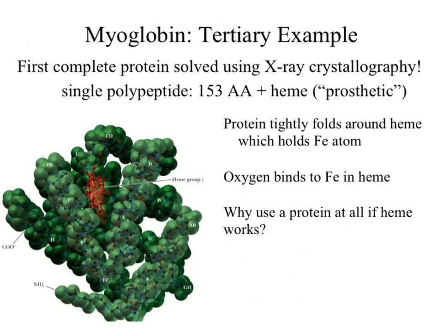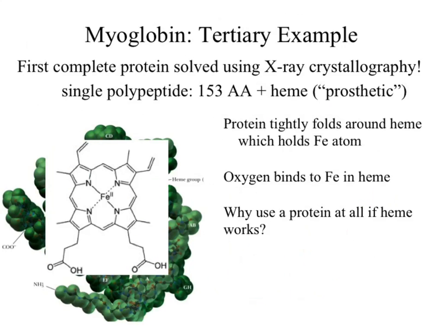Hold oxygen. Okay? So the idea is that if we take a look at that heme, so your heme is the organic molecule on the outside of this. Okay? So we're looking at this whole exterior being your heme. And then in the middle of that, you've got the iron atom. Okay?